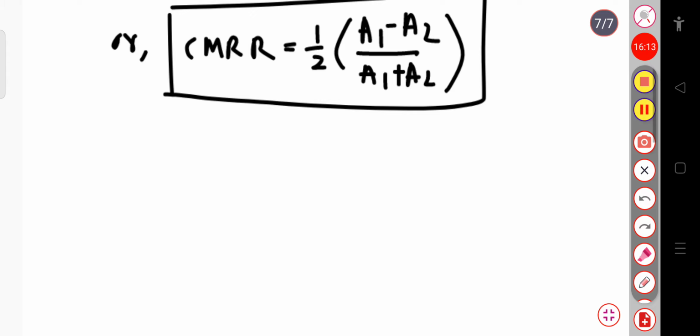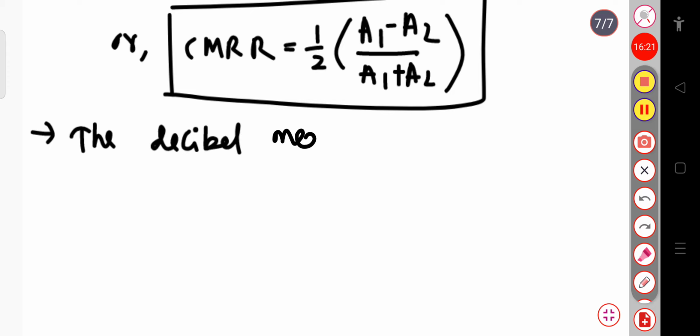Now we can write the decibel measure of CMRR.